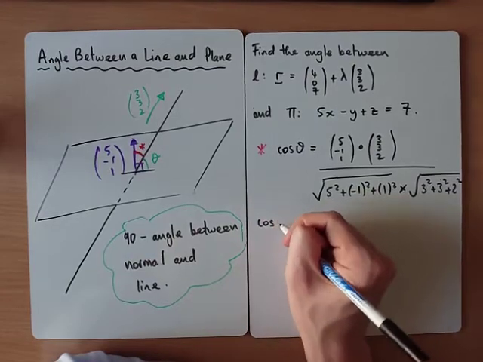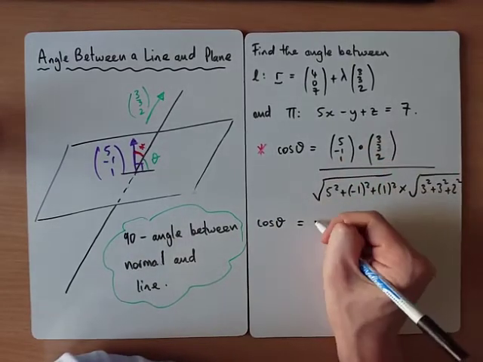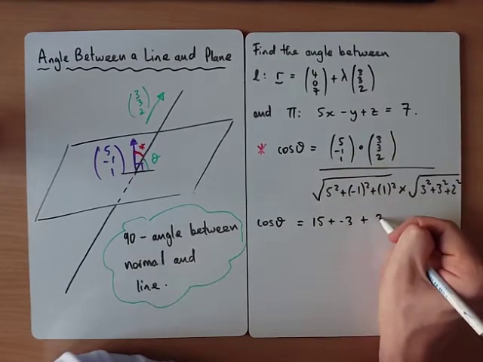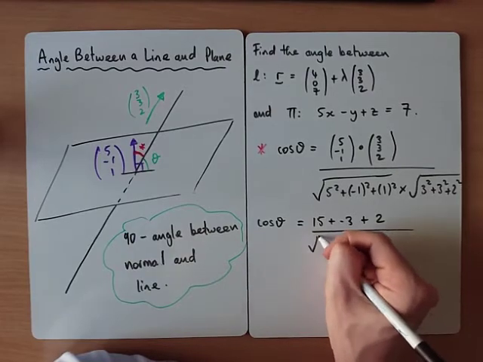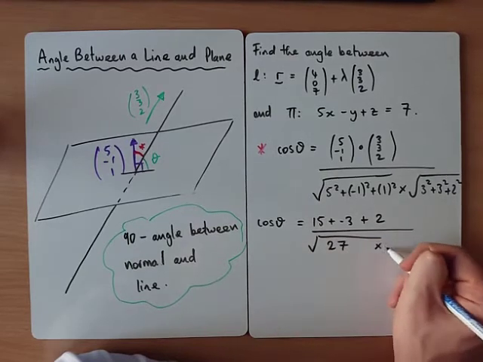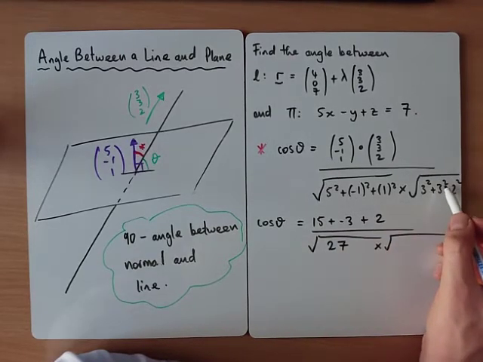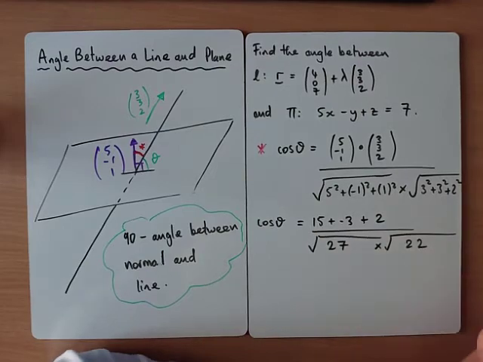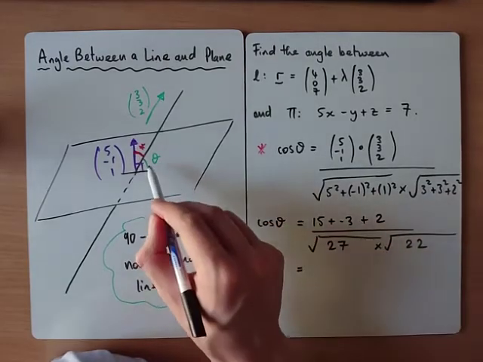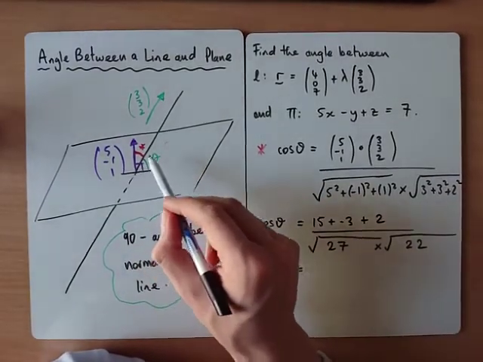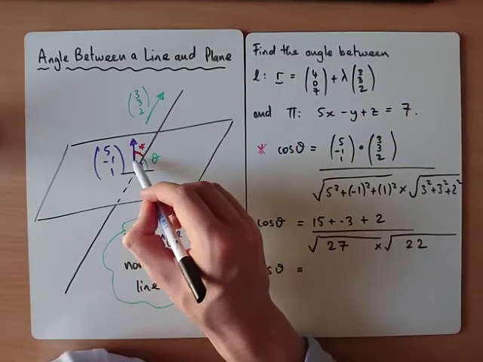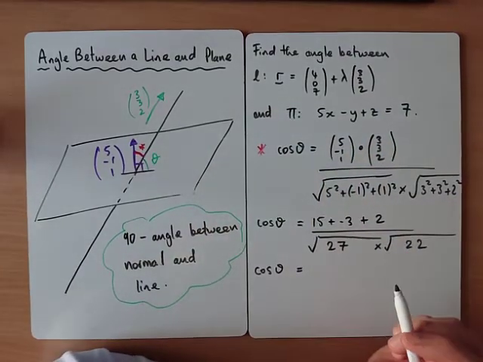So we'll say cos theta would equal 15 plus minus 3 plus 2 divided by the square root of 25 plus 1 plus 1, times the square root of 9 plus 9 plus 4. Okay. Notice that this one, the dot product is going to be positive, so we're going to get the acute angle straight away. It doesn't say the acute or obtuse. If you think about when a line and a plane intersect, there is going to be an obtuse angle and an acute angle, but this one just gives us the acute one straight away.